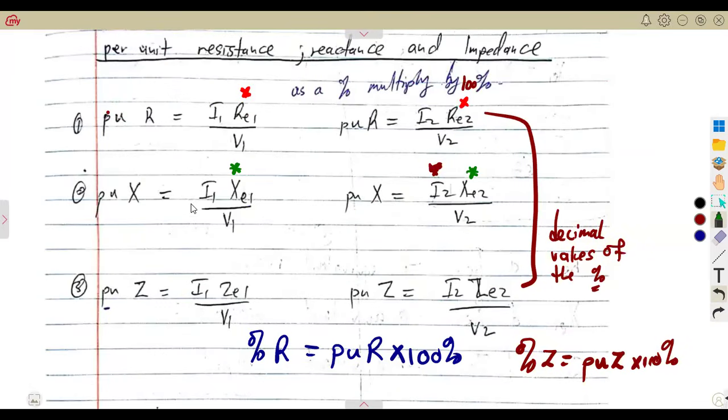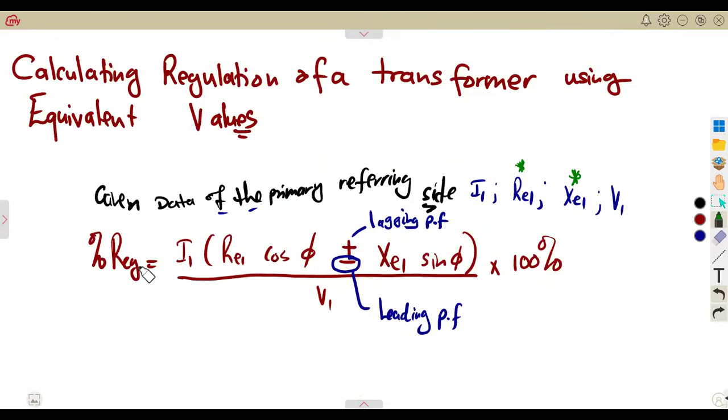Where are they in any formula? Because in that formula, you can go back and transpose and make them the subject of the formula. After calculating them, you use them in this formula to calculate your percentage regulation or per unit regulation, which is simply percentage regulation over 100%. So guys, you must be careful.